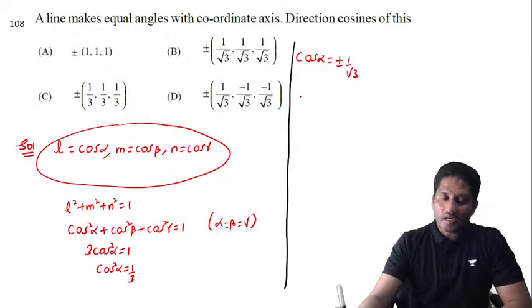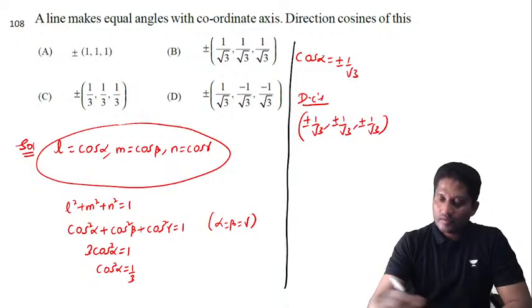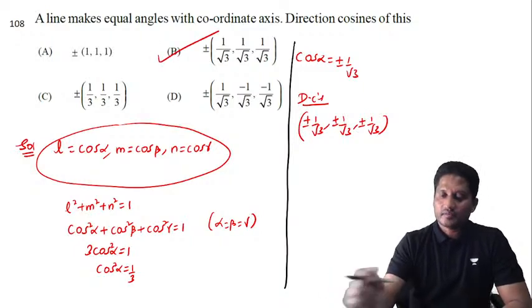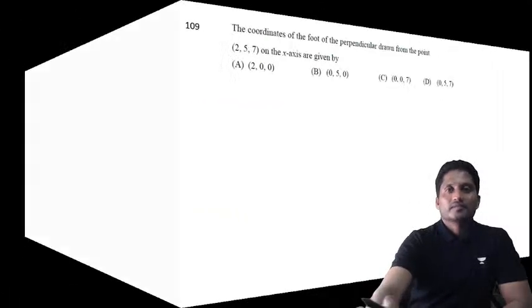Similarly for beta and gamma. Therefore direction cosines will be plus minus 1 by root 3, plus minus 1 by root 3, plus minus 1 by root 3. Answer is option B. Let's move to the next question.